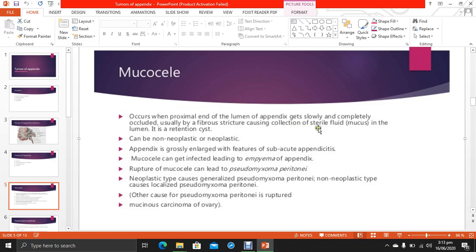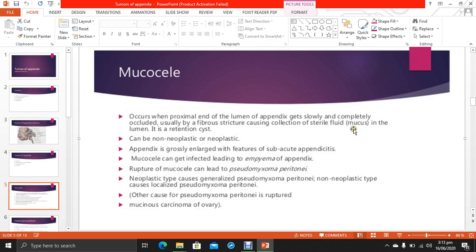Now, if the fibrous stricture develops and mucus secretion occurs, there will be a retention cyst. It can be non-neoplastic or neoplastic. The appendix is grossly enlarged with features of subacute appendicitis. Mucocele can get infected, leading to empyema of the appendix.